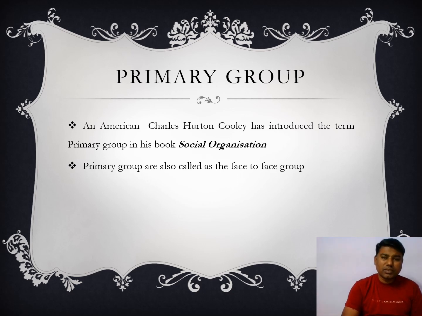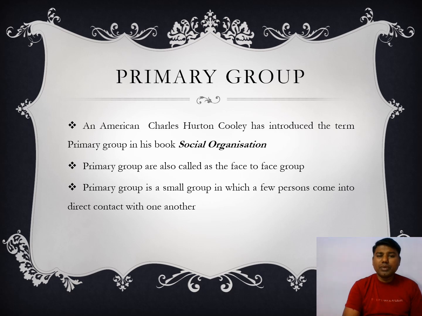When we live in society, we become members of various types of groups. When we are in a very close relationship, like in a family, we become a member of a primary group. So family is one of the most suitable examples of primary group.